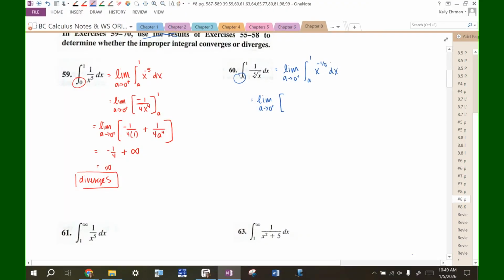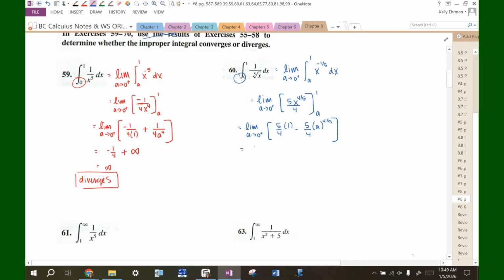So now it's the limit as a approaches 0 from the right. If I add 1 to this exponent, I get x to the 4/5 divided by 4/5 from a to 1. And that's going to be the limit as a approaches 0 from the right of 5/4 times 1 minus 5/4 times a to the 4/5.